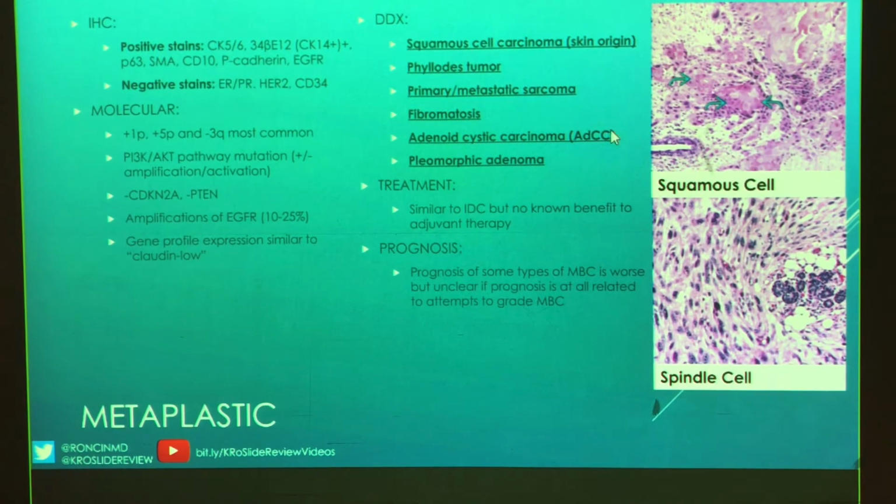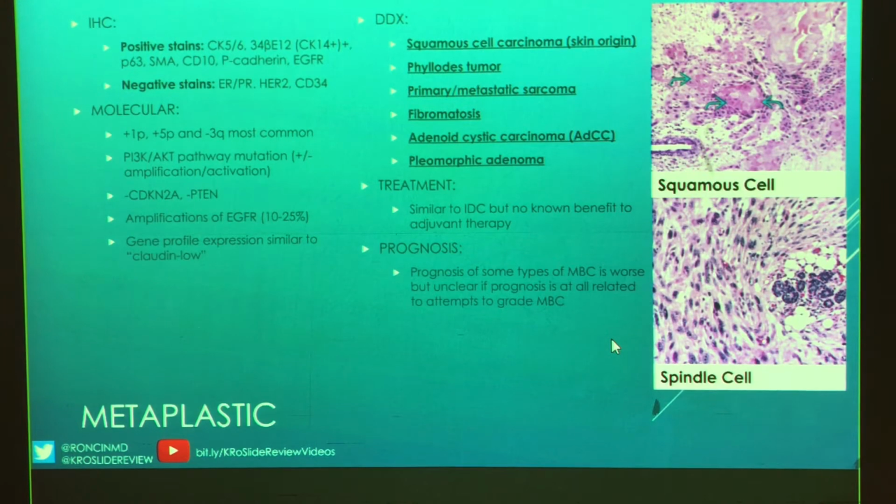There's another short review that I've done there on adenoid cystic carcinoma. You can have pleomorphic adenoma. You can have primary or metastatic sarcomas. And of course, what's missing from this list is melanoma, right? Because you can have spindle cell metaplastic breast carcinoma, so this would be the more spindle cell. So then you need to think about things like melanoma as well.